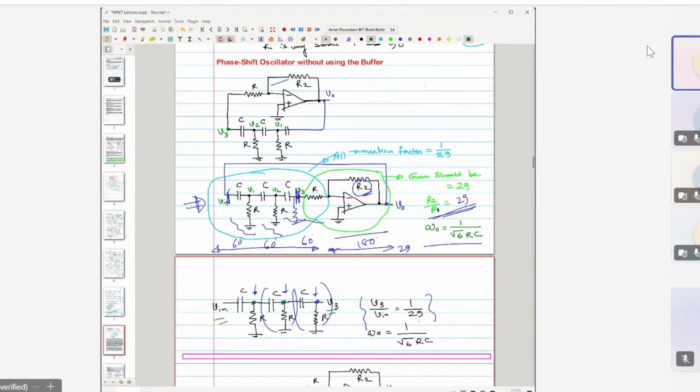Okay. In that expression, again you have to identify that this is the gain A, and this beta is the feedback, so you have to find the loop gain A beta. Find the expression of A beta, and you will see it also comes out to be an imaginary number.